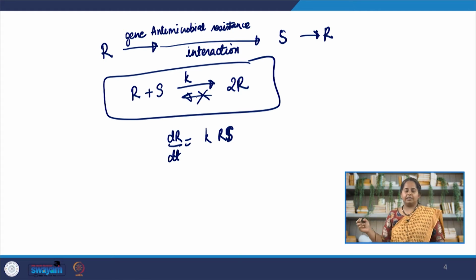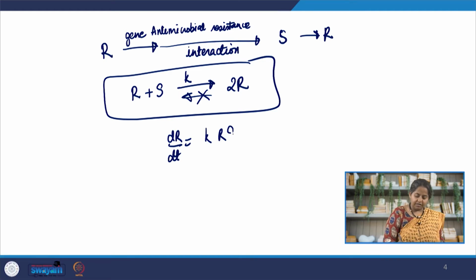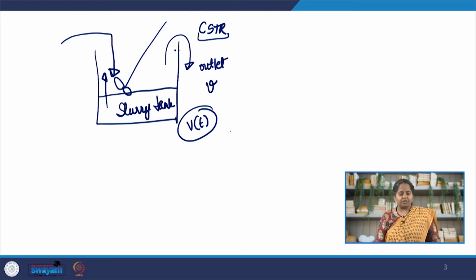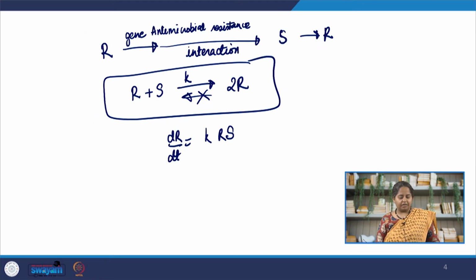The resistant bacteria, we are assuming in this model, will not turn into sensitive bacteria, which can happen under certain circumstances, but on this dairy farm there is sufficient selection pressure that it's unlikely that resistant bacteria will turn into sensitive bacteria. So dR by dt is equal to KRS.